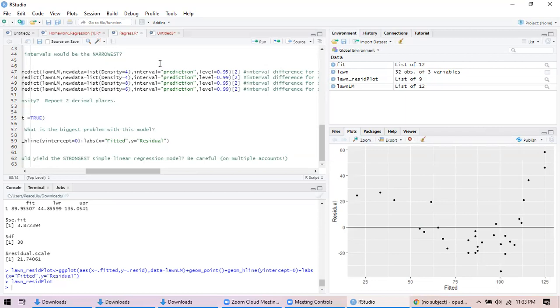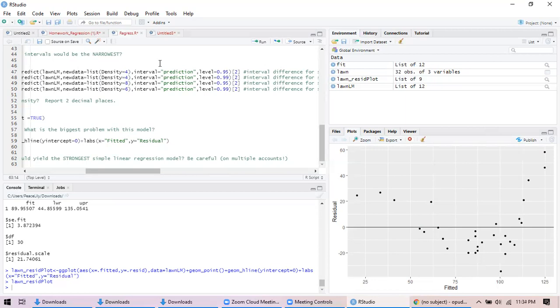Okay, so I guess I'll just tell you this then. If you have something closer to -1 and 1, that means it's a strong relationship. If you have a correlation near 0, that means it's a weak relationship. That's just something you have to know. If it's close to 0, that's a weak relationship.